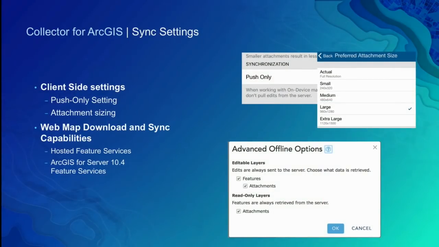So going a little bit further to what we were talking about here, we've had some customers that just collect data only, right? They don't care about other people's updates. They just are out to collect the things they need to do, and they want to push it up. They never want anything back down, because getting stuff back down can be pretty costly, right?